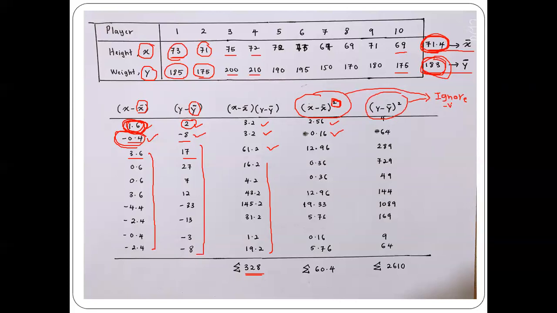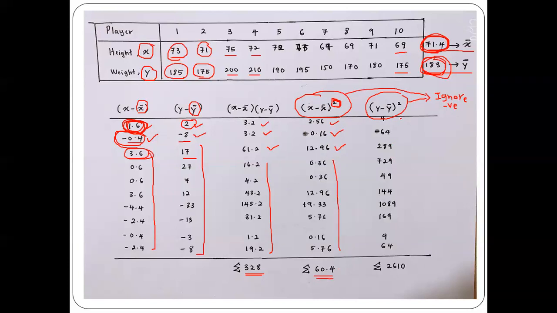So ignore the negative value. And then you continue for 3.6 squared, you will get 12.96. So continue for the rest of the values and then total up the values for x minus x bar squared, you will get 60.4.